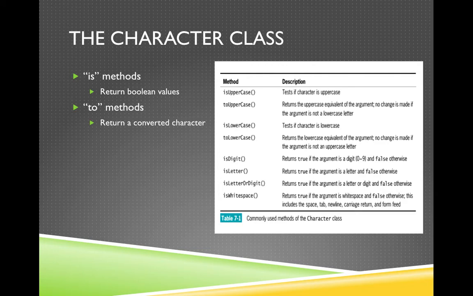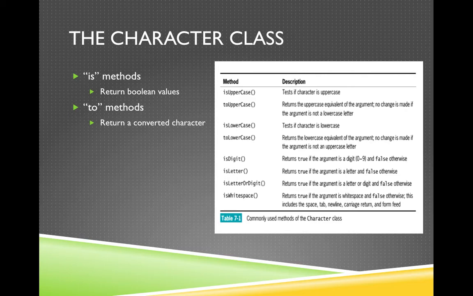Alrighty, guys. So we've already gone over is uppercase and is lowercase, and now we can just move into is digit. I'm actually going to do is digit and is letter in the same video, because it's all the same thing, to be honest with you.